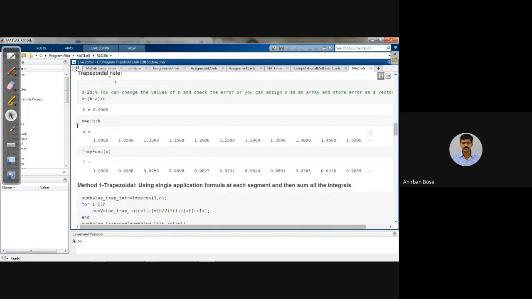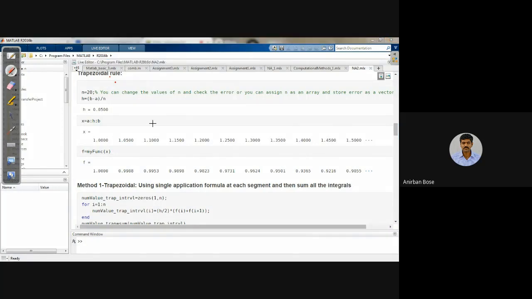Then you create x as an array, and that array will contain the values from a to b with equidistant values, and the increment is basically h. So what are the values that x is going to contain? Basically it contains a, a plus h, a plus 2h, like that, up to a plus nh, because a plus nh is nothing but b.